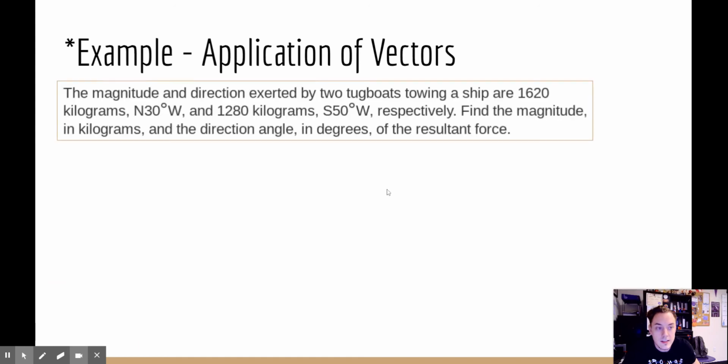So this is our next example. Pause the screen if you need to. I would copy this down so you at least have it. The magnitude and direction. We'll probably spend the next 10 minutes on this question.